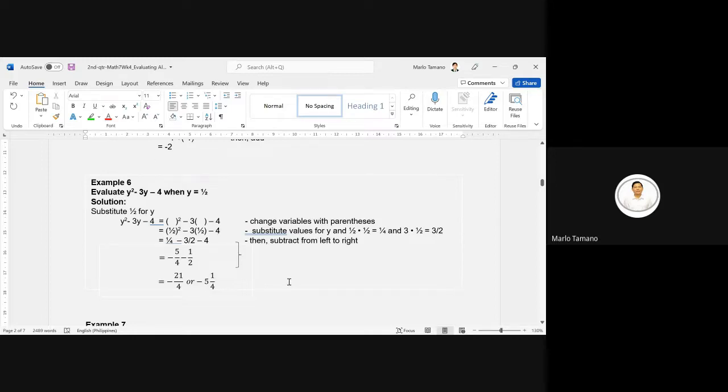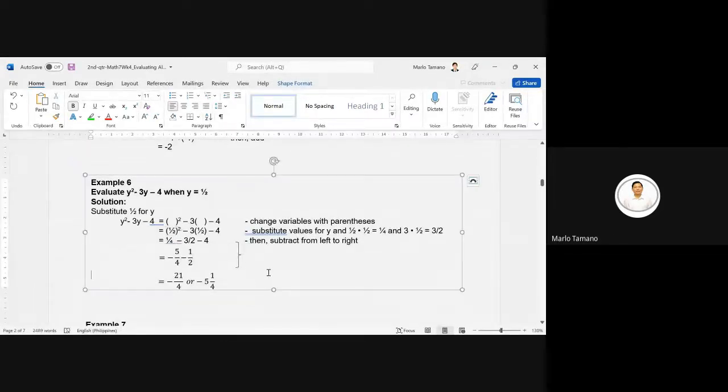Now, mauuna ulit yung may exponent sa left. Okay? So what is 1/2 times 1/2? One, sir. Di ba kapag nag-multiply tayo ng pareho, 1/2 times 1/2, minumultiply po natin yung parehong numerator, minumultiply din natin ng hiwalay yung denominator. 1 times 1 is 1, 2 times 2 is 4.